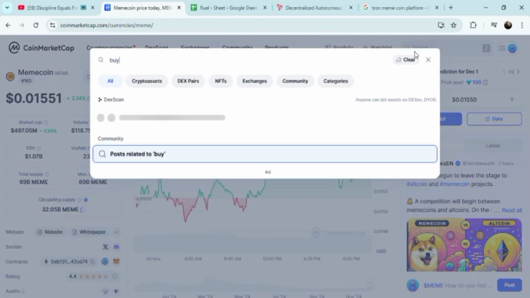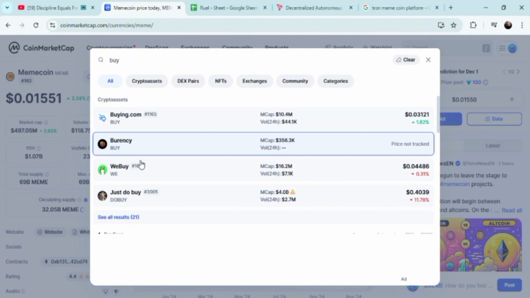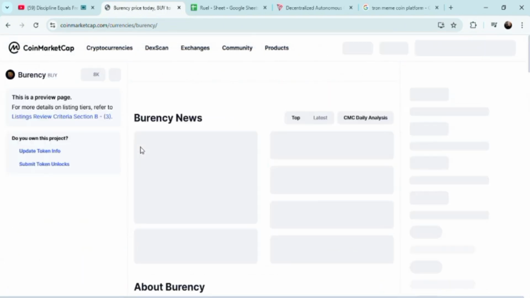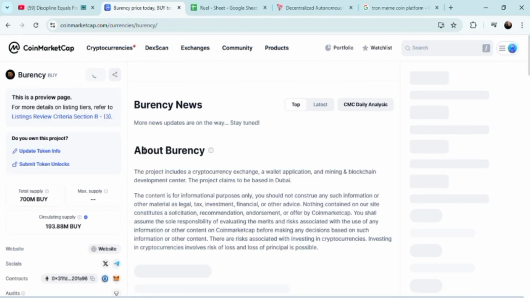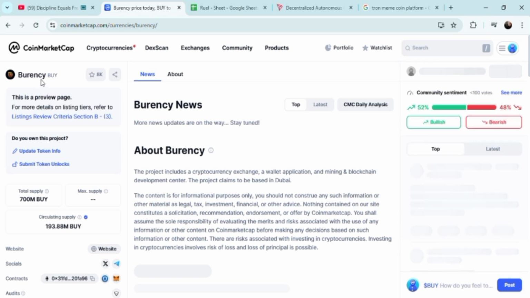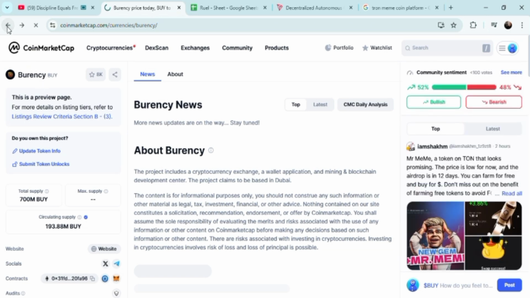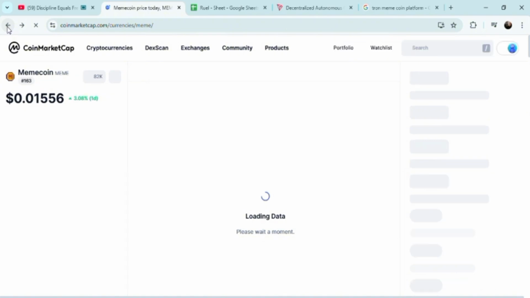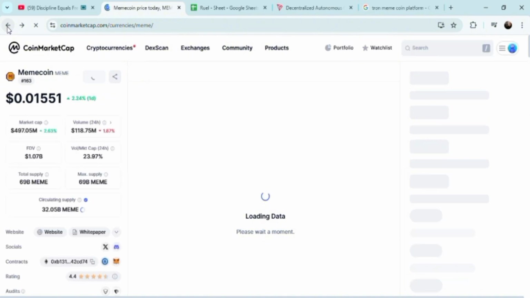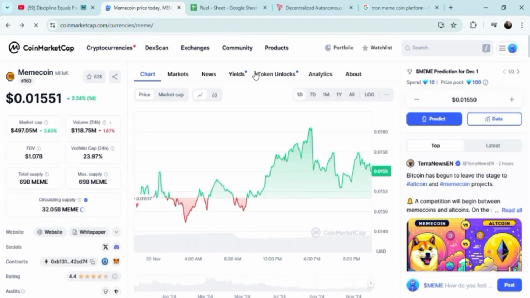This speed is especially valuable in fast-moving meme coin markets, like you can see it fluctuating in a matter of minutes on the graphs, where delays can mean missed opportunities or unfavorable price changes. Tron also has a well-established ecosystem of decentralized applications, the DApps, and tokens as well.